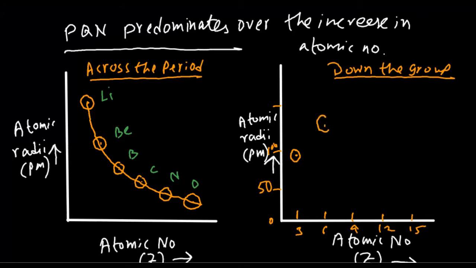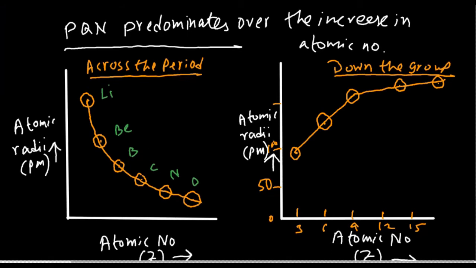So this is lithium, sodium, potassium, rubidium, cesium. The plot goes on increasing as we move down the group. So this is the trend in atomic radius across the period and down the group.